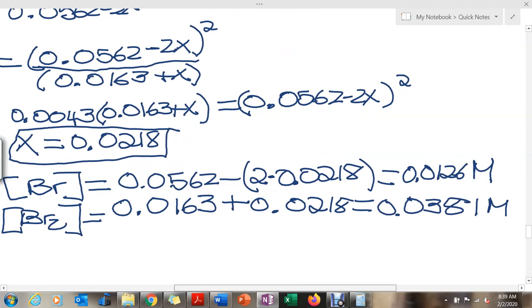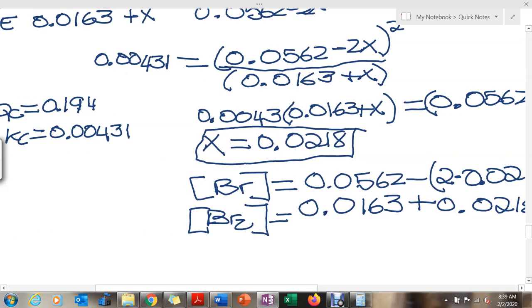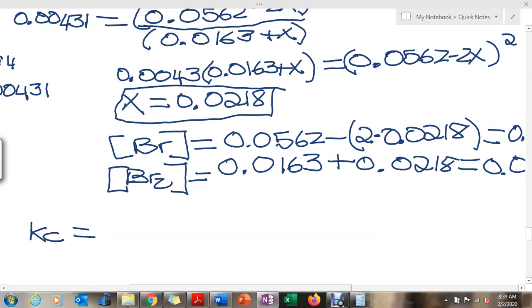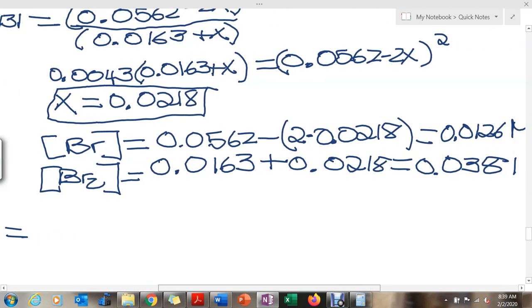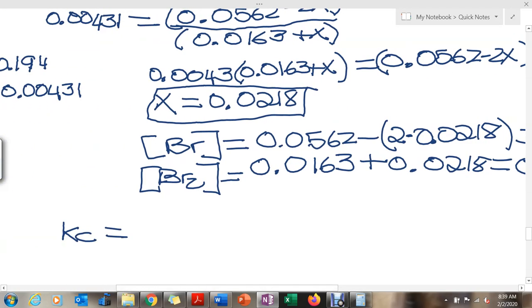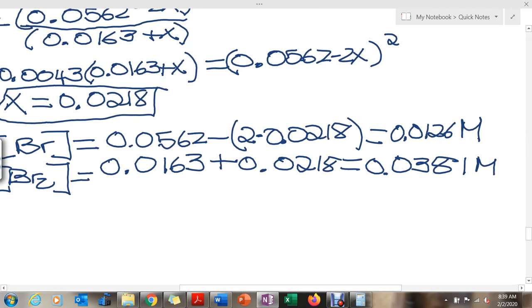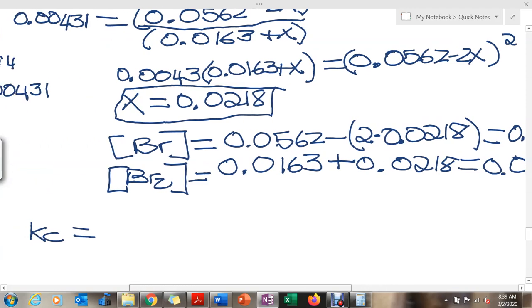Here you get the results. My recommendation, and one of the things that is good to do if you have time, is substitute this equilibrium concentration and see if it gives you, right, the Kc, very close. And that would be a way to know that those concentrations are correct.